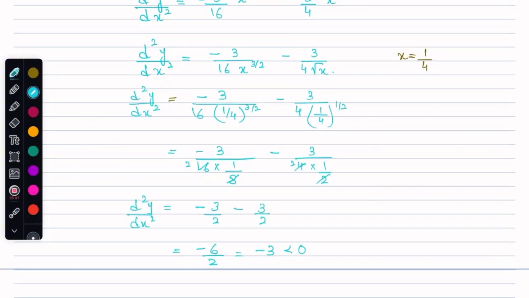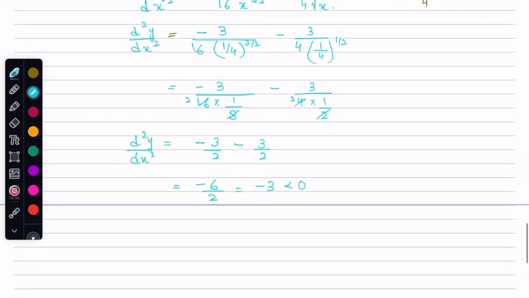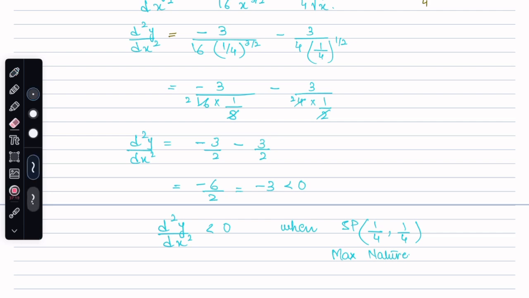If I simplify both of them, my answer is going to be negative. So this value comes out to be less than 0. What I have seen here is that my second derivative d2y/dx² is less than 0 when the stationary point was (1/4, 1/4), and therefore I can say that this stationary point should have a maximum nature, meaning it should be a maximum.